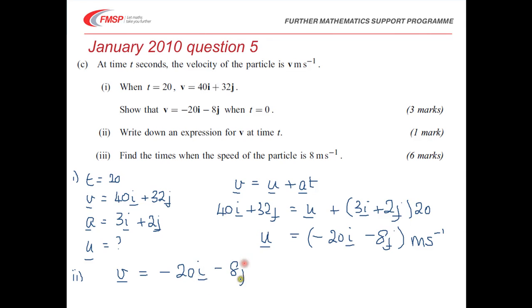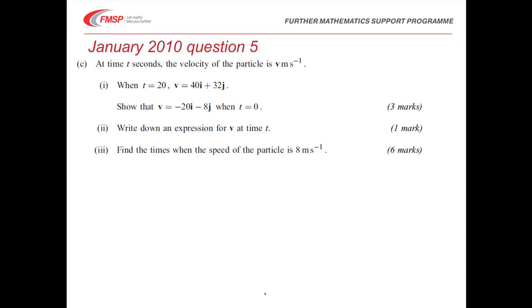So v equals u plus at, so a is 3i plus 2j, and we multiply that by t. So that's u plus at. So we have now got an expression for v at time t.